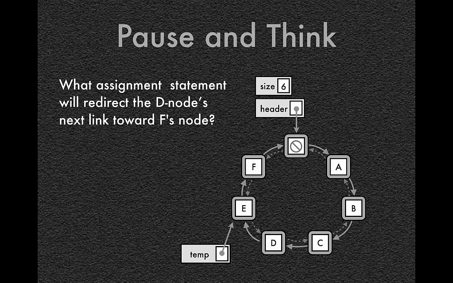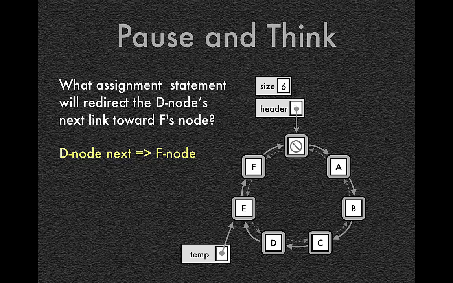Of course, when I say D node, it's just shorthand for the node containing D. And when I say F node, it's just shorthand for the node containing F. Okay, so I'm going to write what we want to occur in an abbreviated notation. We want D node's next link to be redirected towards F node.